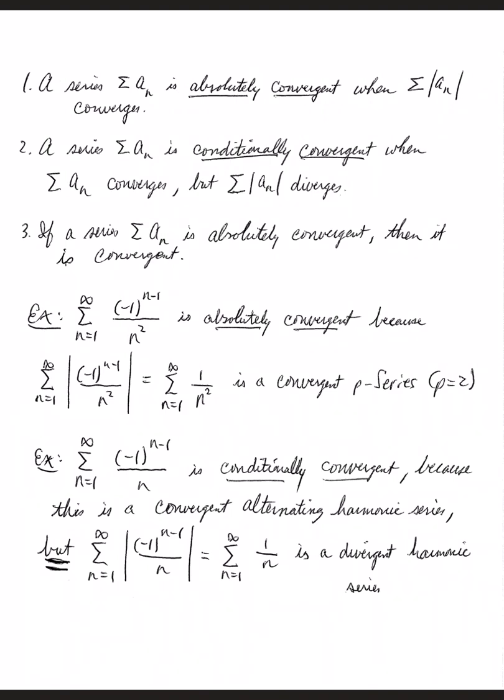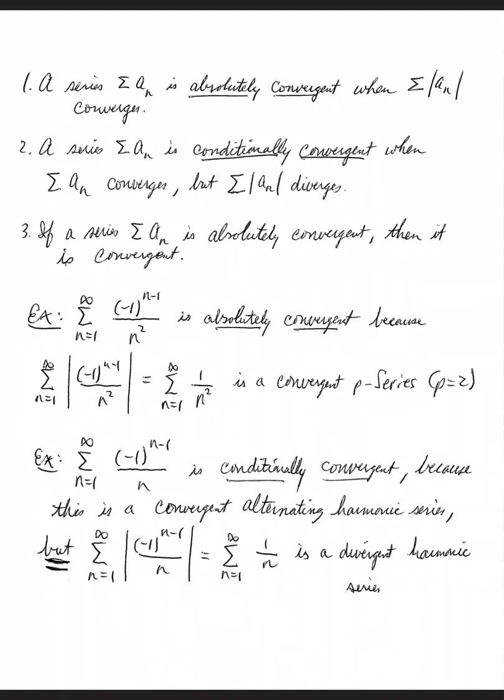So let's go back up to number 1. This series is absolutely convergent because the absolute value of your a sub n is convergent.